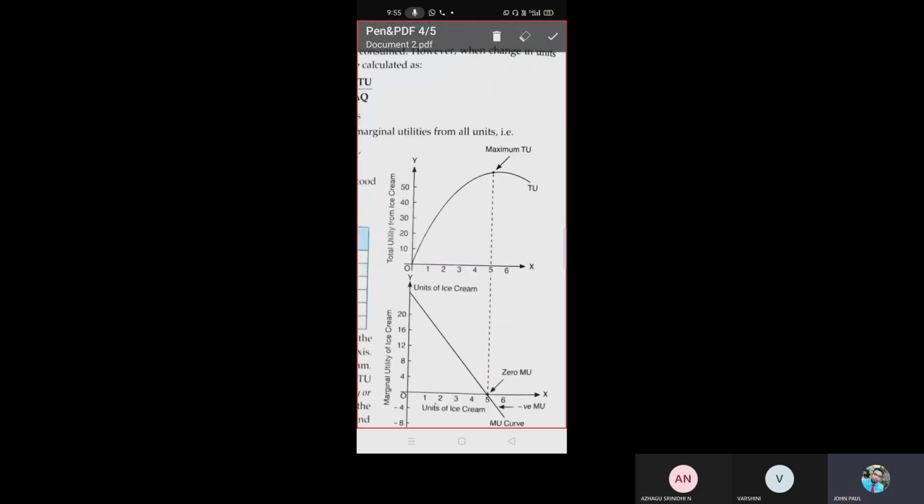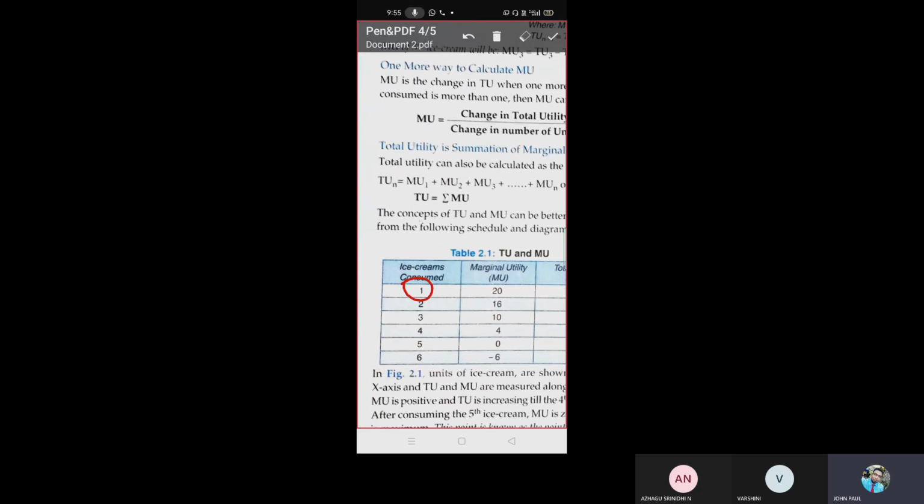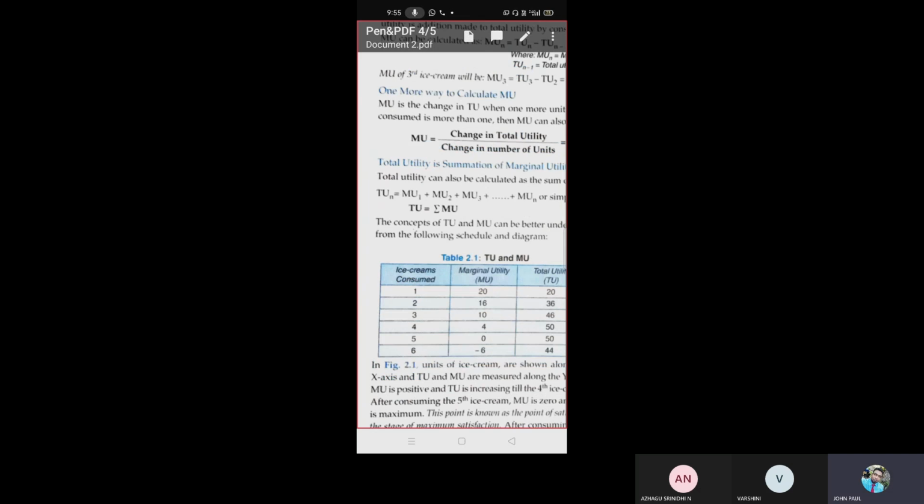So let's go for total utility. What happens at zero? When I add one ice cream, what is the total utility? That is 20. Let me reduce the size. You can see the ice creams and total utility. One ice cream, I got 20.